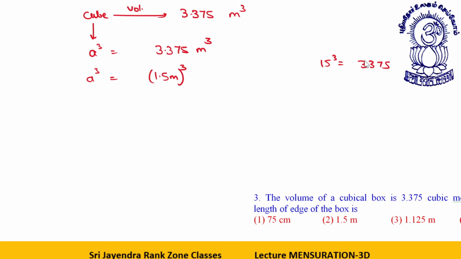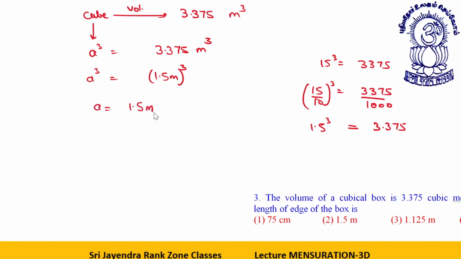You remove 3 decimals. Clear, dear students? 15 by 10 cube will be 3375 by 1000, or 3.375. 1.5 cube is equal to 3.375. So a is equal to 1.5 meter. So the length of the edge is equal to a, which is 1.5 meter. Okay, my dear beloved students. All clear? Next one.